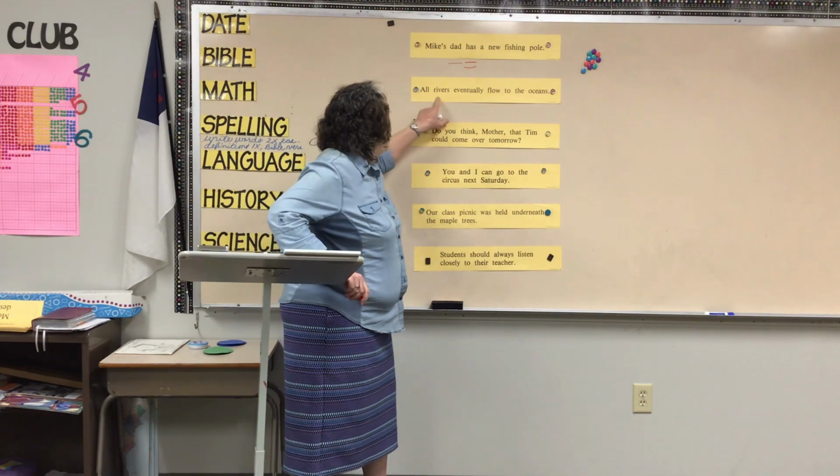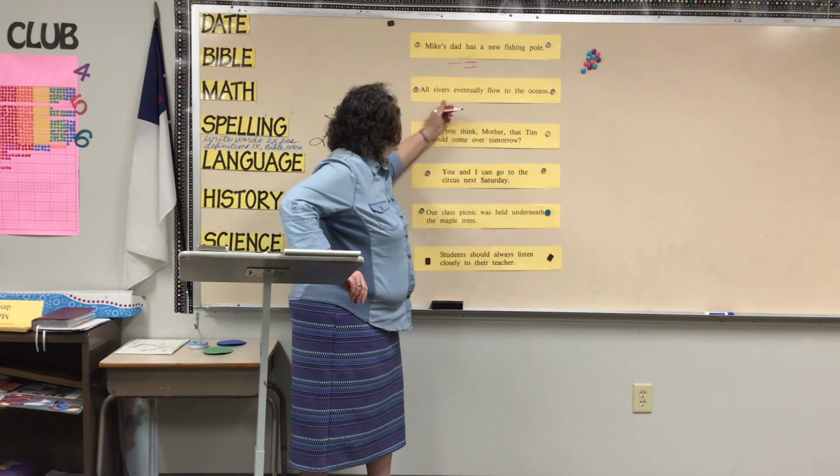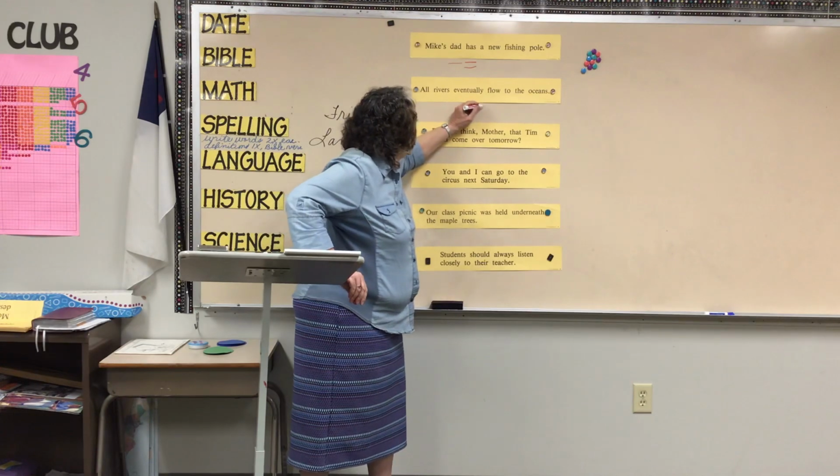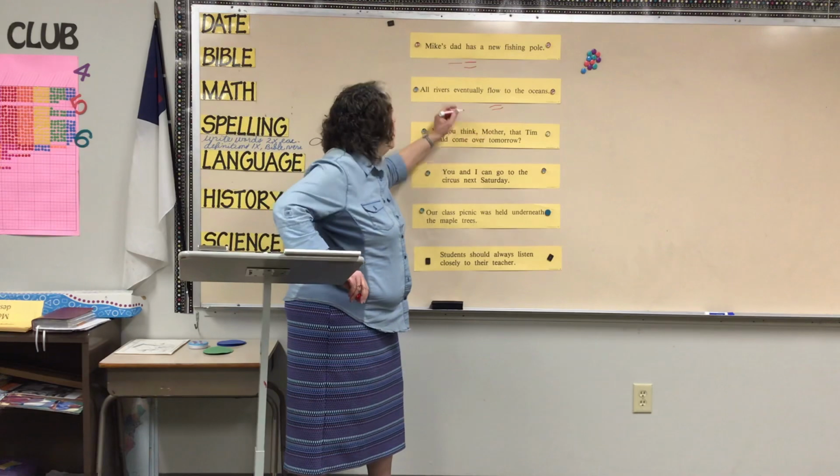Let's look at this one. All rivers eventually flow to the oceans. Flow is our verb. What flows to the ocean? Rivers.